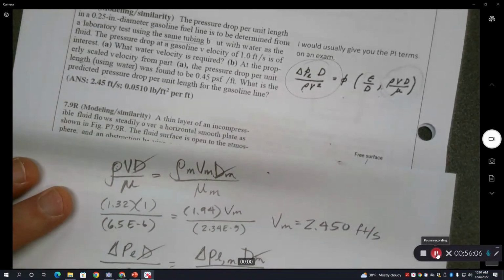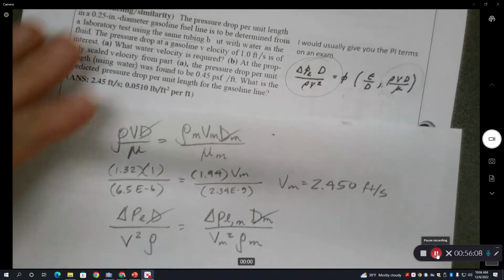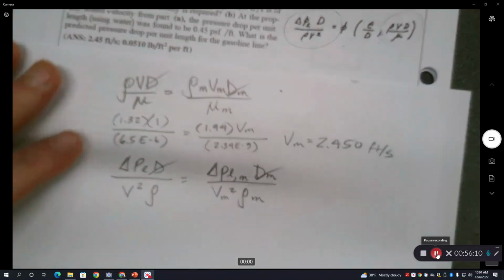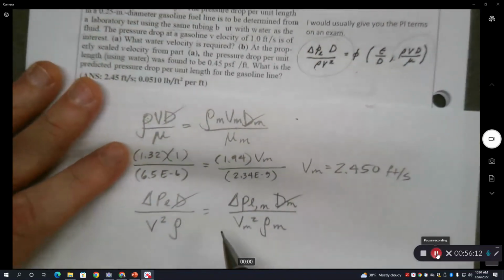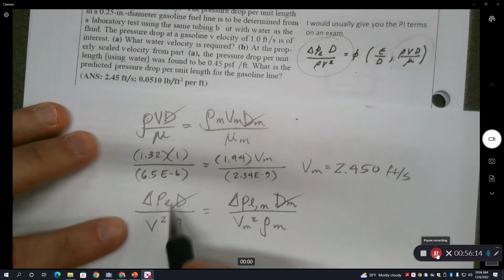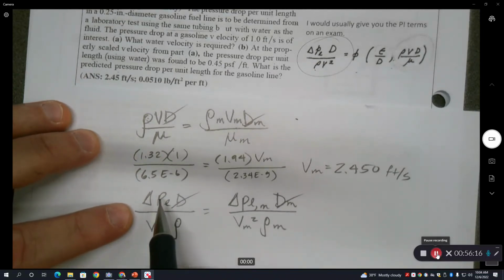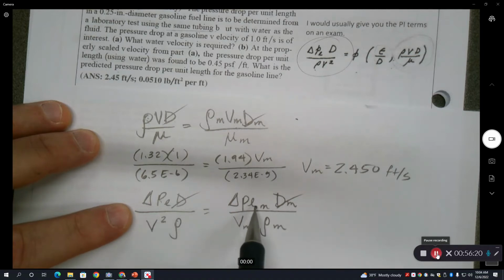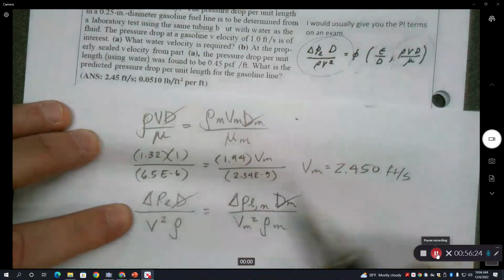But we recall that we're using the same tubing, so the diameters cancel out. And this is the thing we want to find, right? And this is the one that we just found from our experiment. We'll just go ahead and use the same units in there.